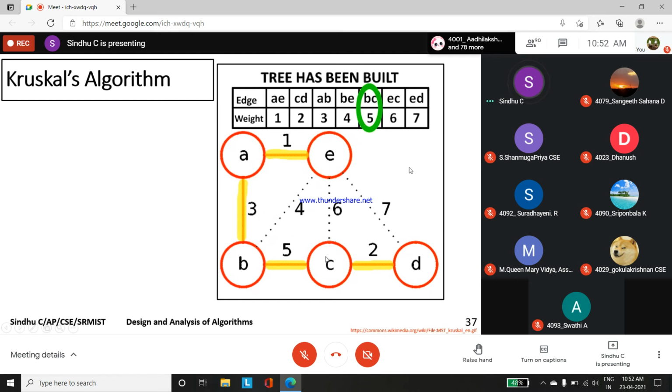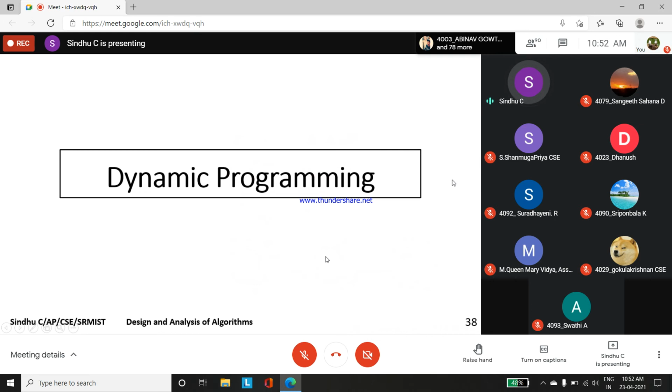Right? Then you have the next strategy, which is dynamic programming. So dynamic programming is usually used for solving optimization problems. Right? Optimization problem is in terms of profit, you can say I need maximum profit, or in terms of cost, I can say I need minimum cost.